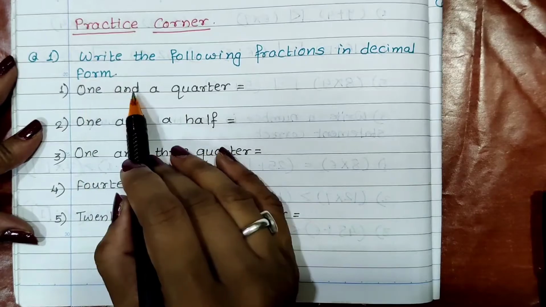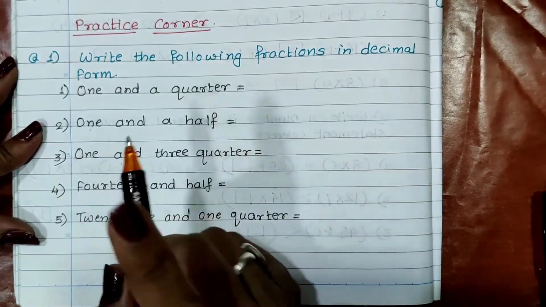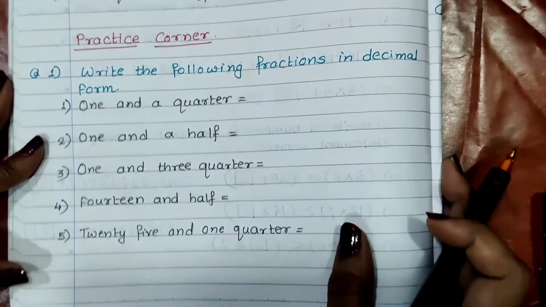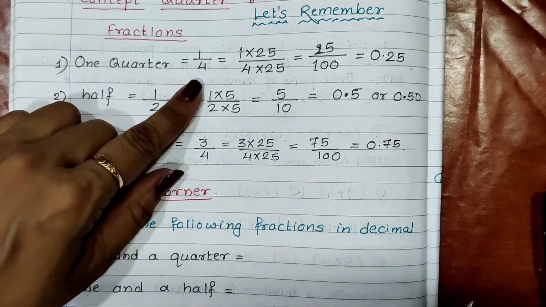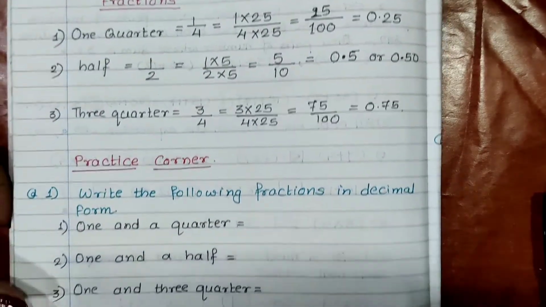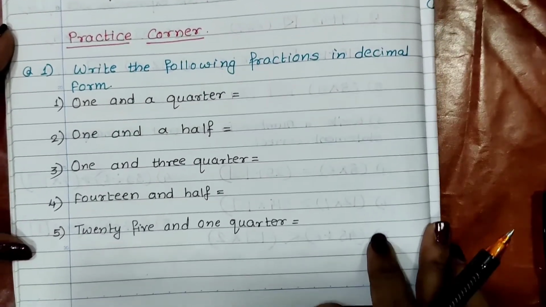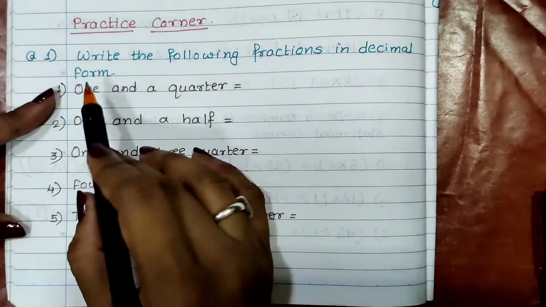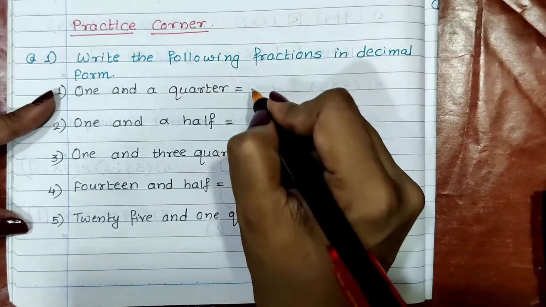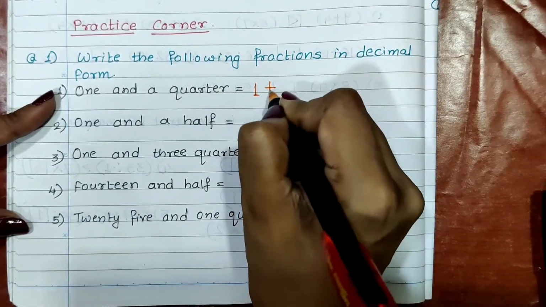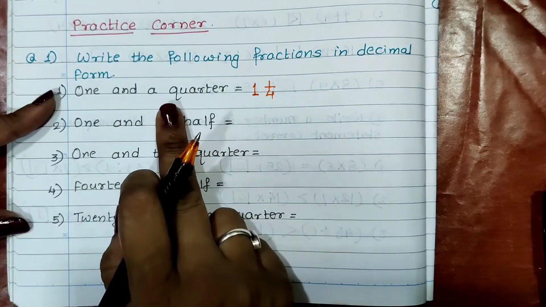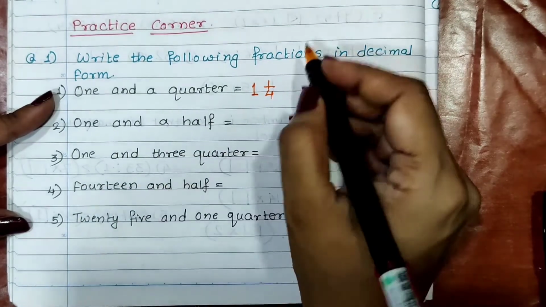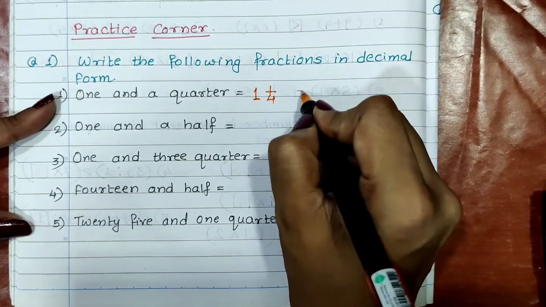So first is 1 and a quarter. A quarter means what? 1 upon 4. Just now we have seen 1 quarter means 1 upon 4. So 1 and a quarter means 1 and 1 upon 4. How to write it into the decimal fraction?